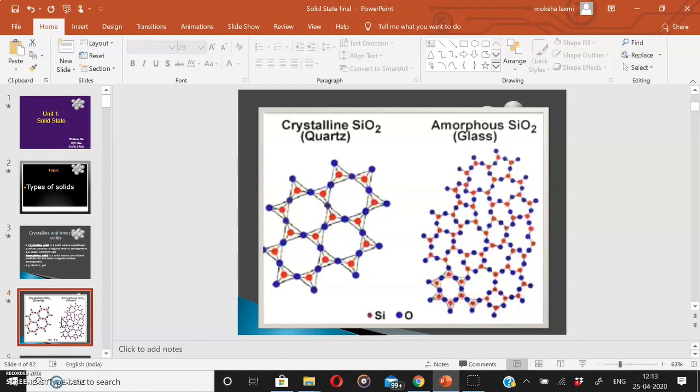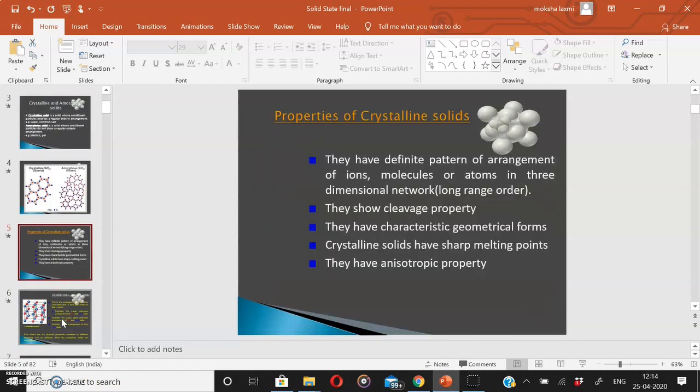You can see the difference. In glass, the silicate units are irregularly arranged. So this is the basic difference between the arrangement of particles in a crystalline solid and in an amorphous solid.